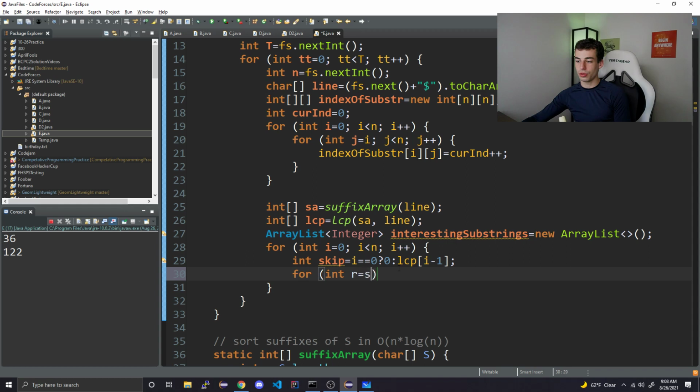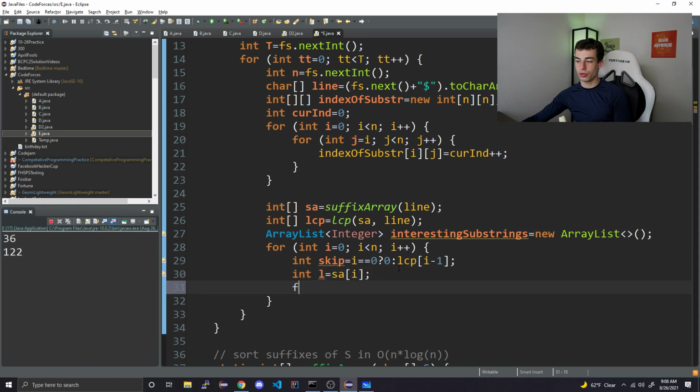For int r equals skip. Okay, so int L will be suffix array at I. And then for int R equals L plus skip, R is less than N, R plus plus.